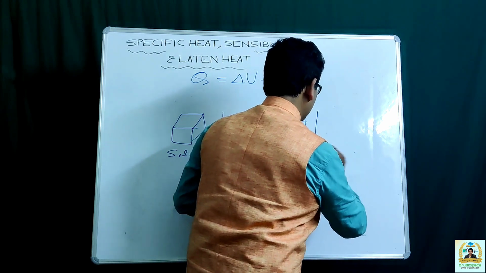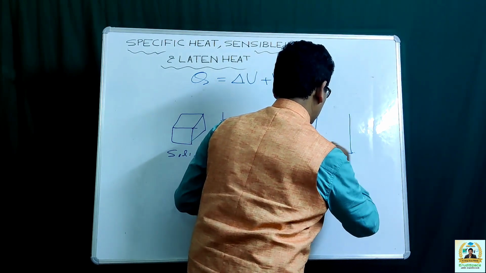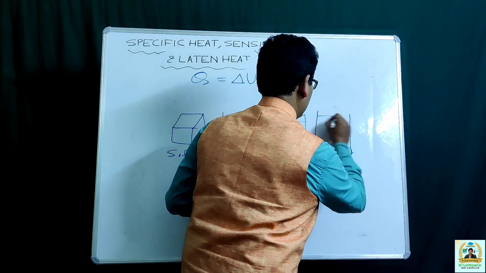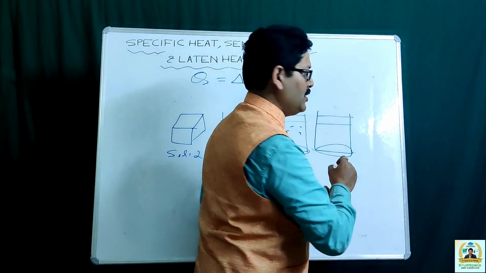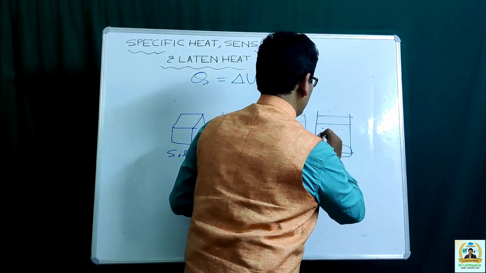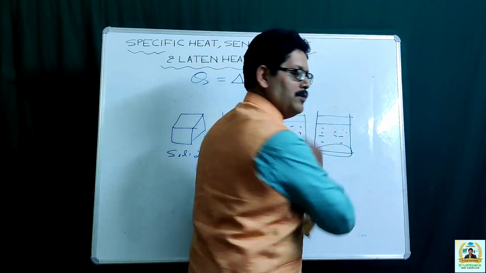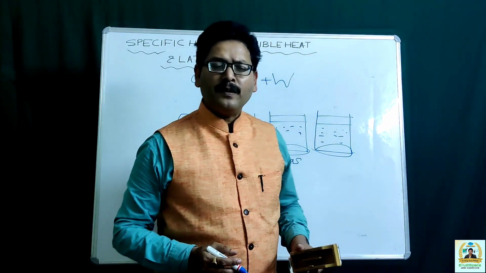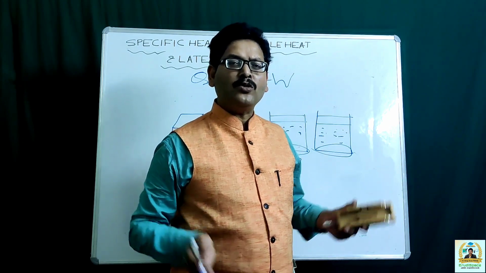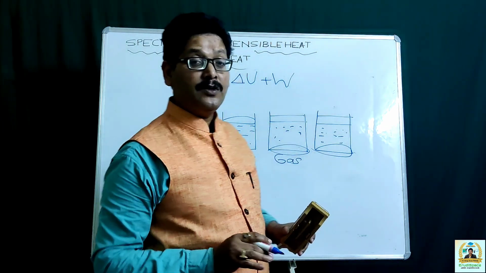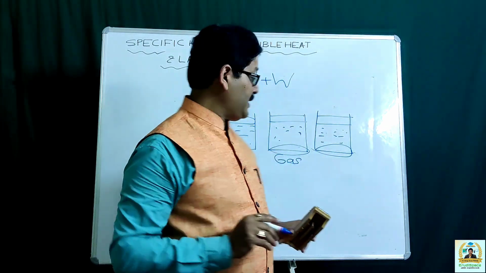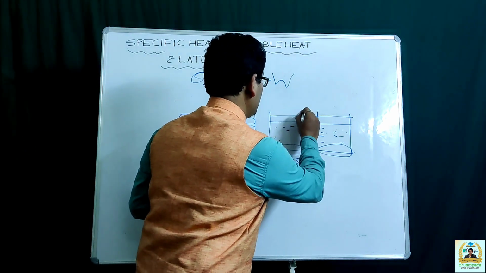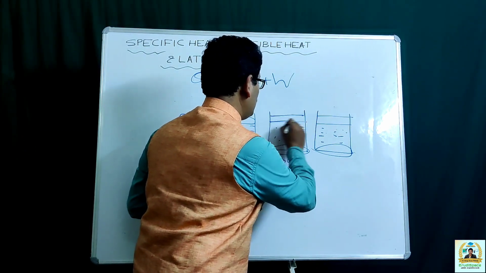Let us consider another container with some amount of gases, and you do have a cover here which can move up and down. That means you are allowing the gases to undergo expansion. So now we have two specific cases. Here there is no change in volume.